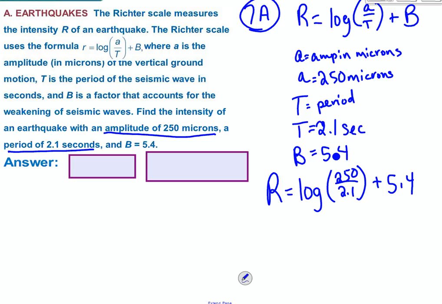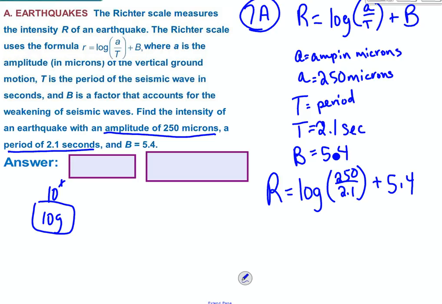So take a minute and get that on your calculator. And since it's a plain log, this is a common logarithm or base 10 logarithm. So you can use that key on your calculator. That is the log key, and it has 10 to the x printed on the screen of the calculator.